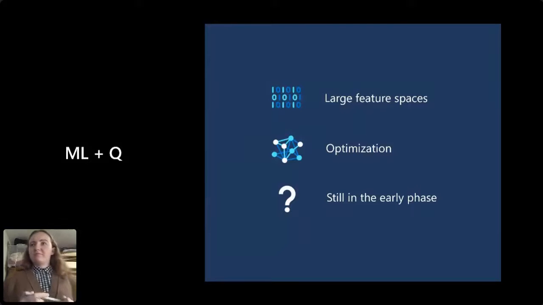So here comes the question. When do we use quantum? When do we want to use our machine learning in Q#? And there are 3 things.